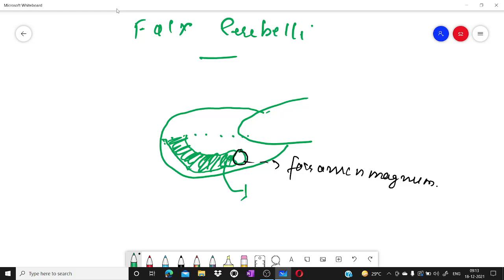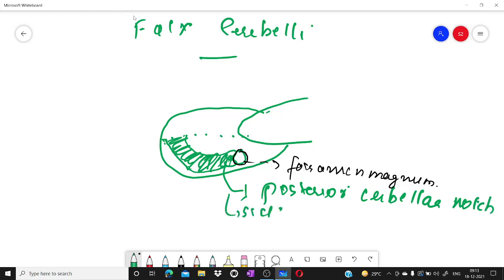The important point is that it is occupying the posterior cerebellar notch. What about the shape? It is also sickle shaped and projects into the posterior cerebellar notch. The base of the sickle is attached to the posterior part of the inferior surface of the tentorium cerebelli in the median plane.